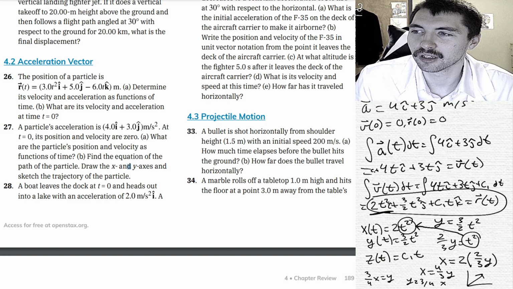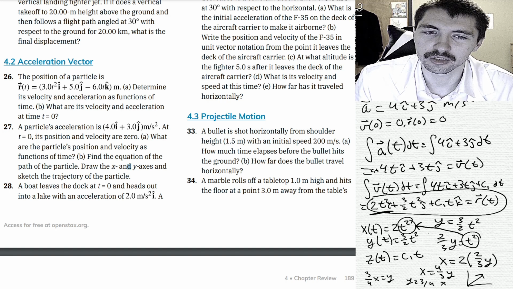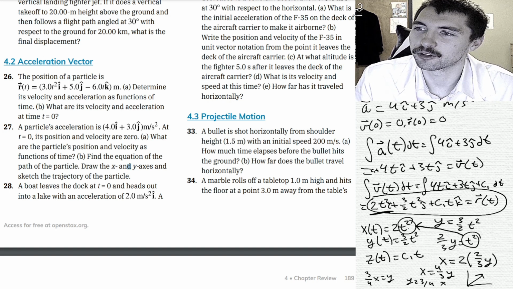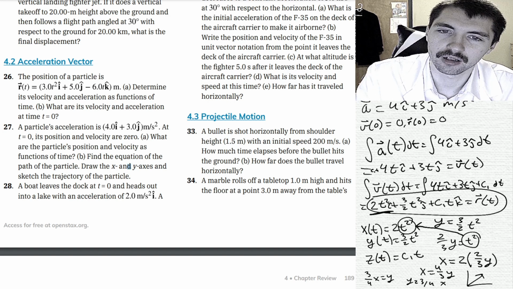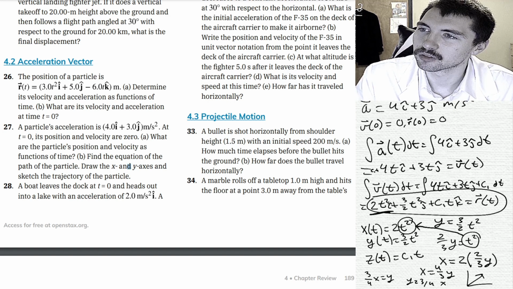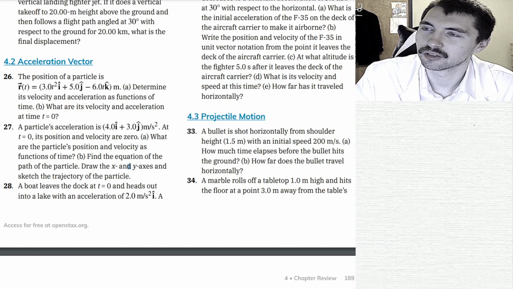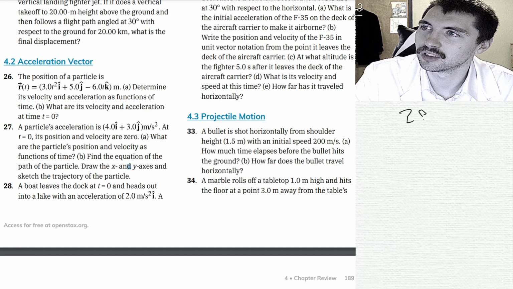This might have been a harder way. I chose this substitution; I just wanted to do it differently than the book to show how the algebra works out the same. It's a cool problem, uses a lot of different techniques. So let's move on.